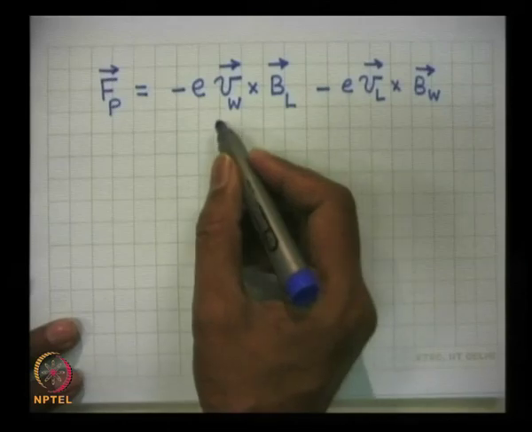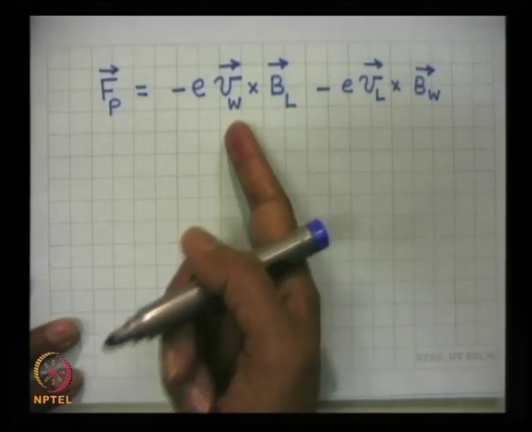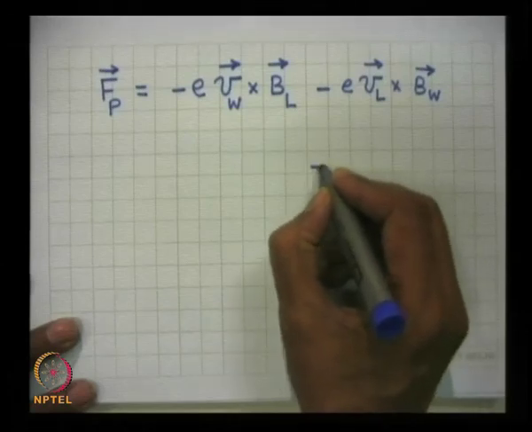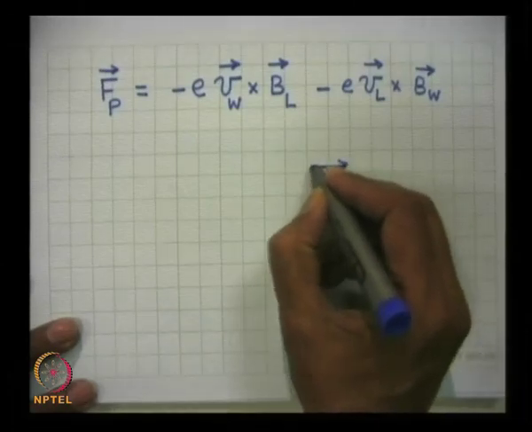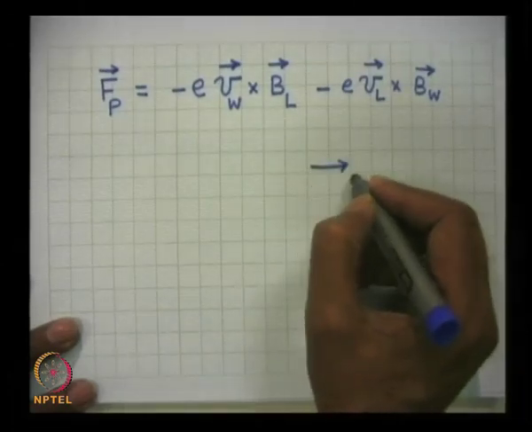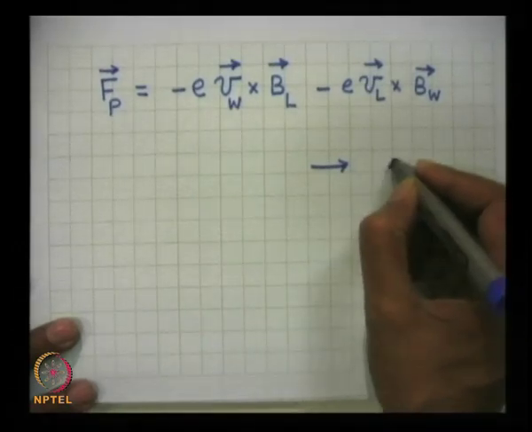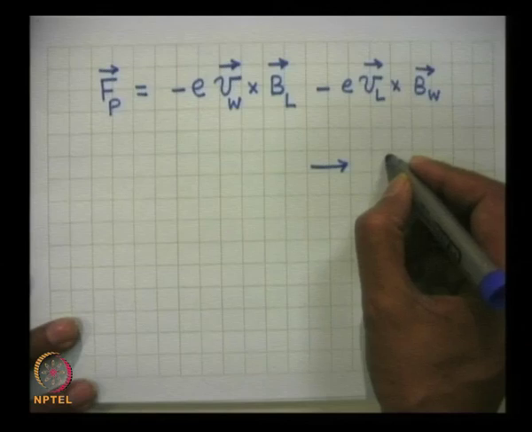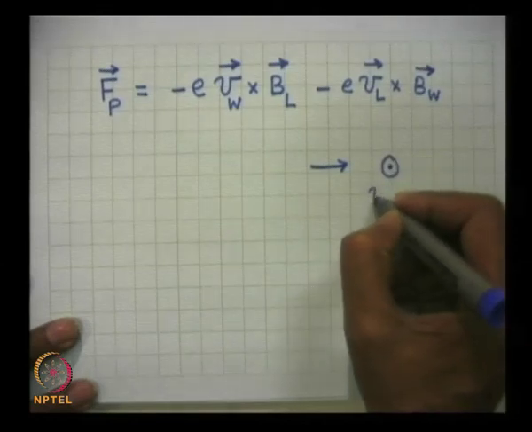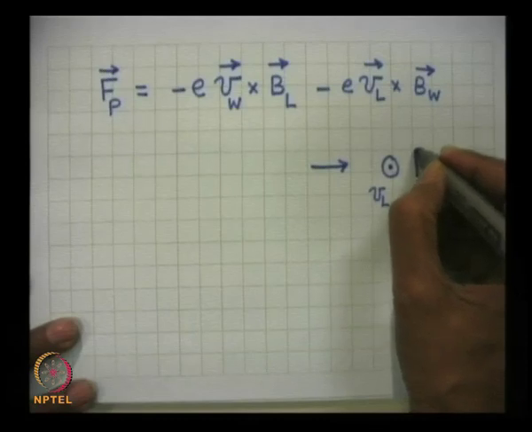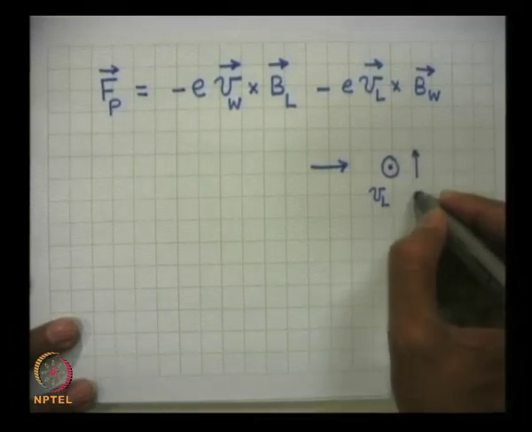Well, it is implied in here, but let us understand the origin of this. When the electrons are travelling in this direction and they are seeing an electromagnetic wave, then the electrons are acquiring a velocity, suppose perpendicular to the plane of the board, this I call as VL at some place. And somewhere at some instant of time, the magnetic field due to the wiggler is BW.